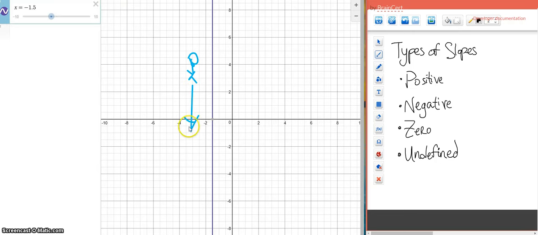If I draw him, sorry, that arrow bothers me, if I draw him on this side, again, he's just going to fall down. I can't draw slope man right now. That would mean I have an undefined slope, which creates all kinds of continuity and consistency problems that I don't like. I can't draw slope man, meaning I don't have the regular type of slopes that I'm normally working with.